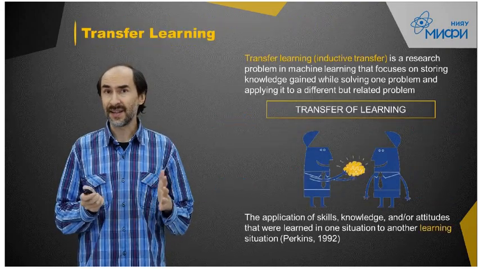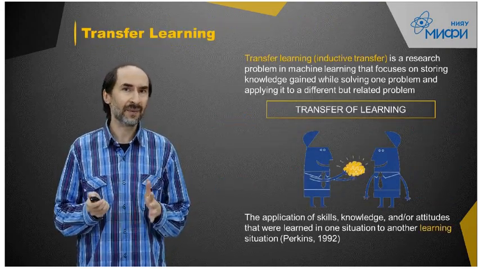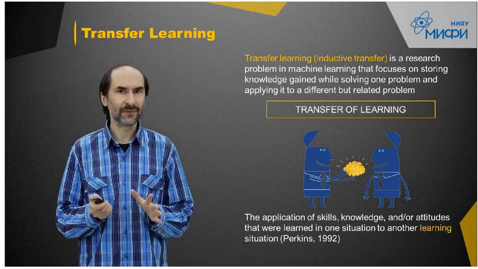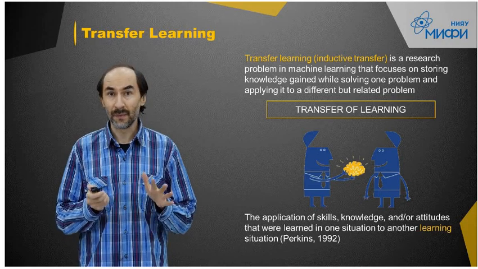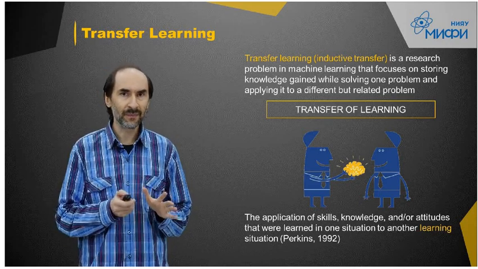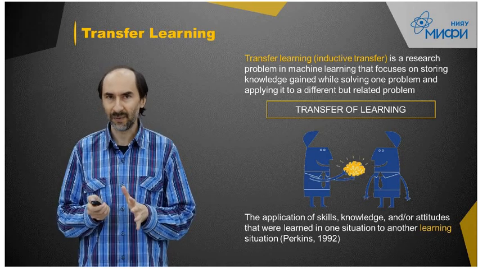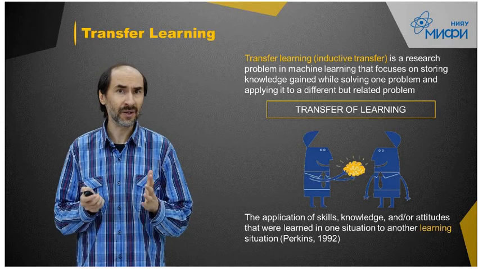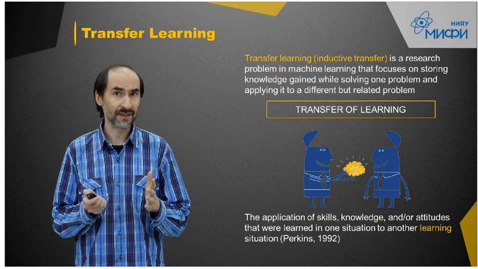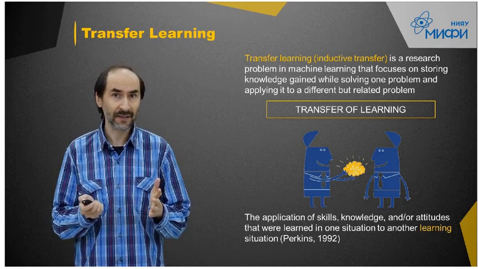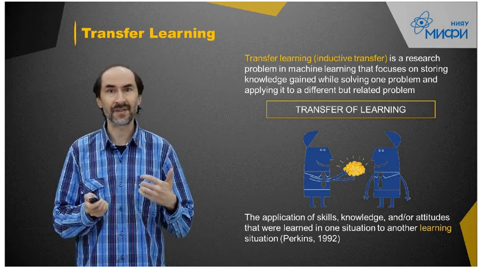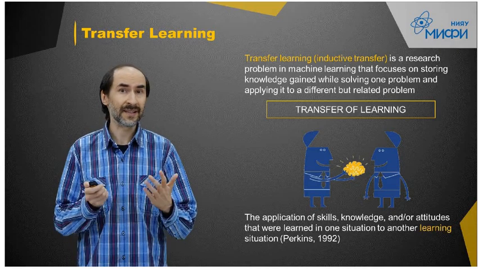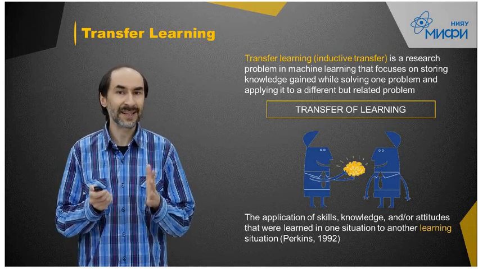Deep learning is highly related to another paradigm of machine learning called transfer learning. The idea of transfer learning is to apply a model trained for one problem to a different but related problem. For example, if we trained a convolutional neural network on a large training data set, we expect that its first layers have learned to represent the images well, in a form useful for classification.